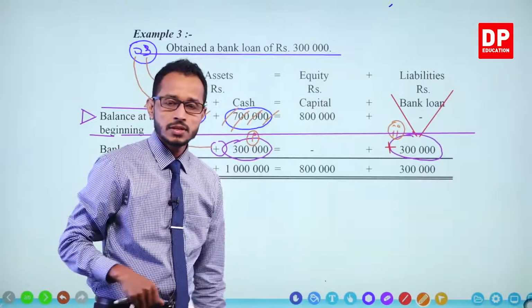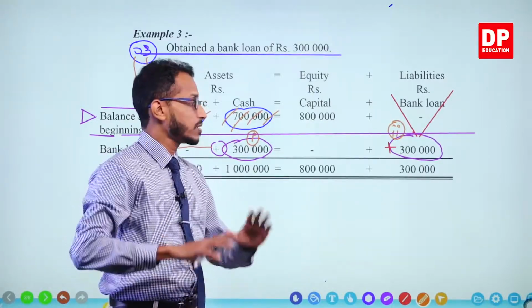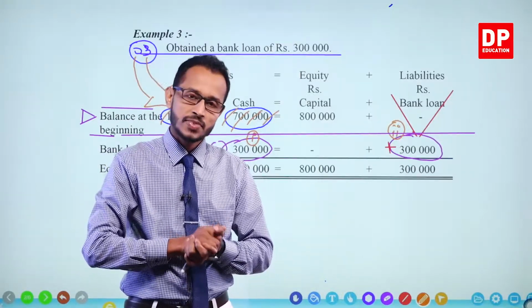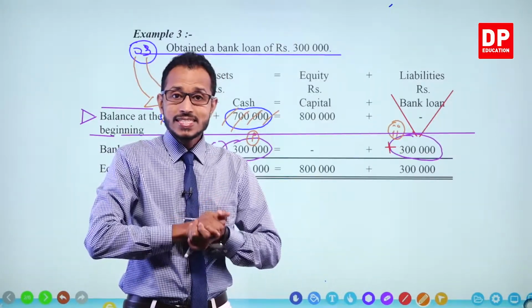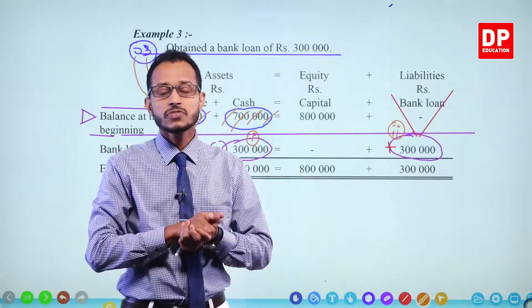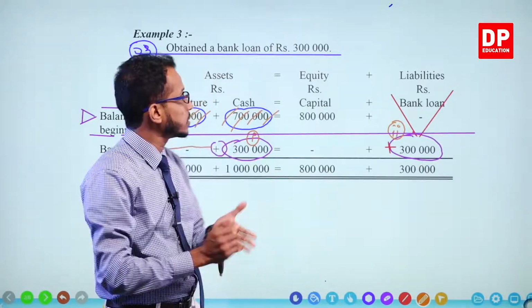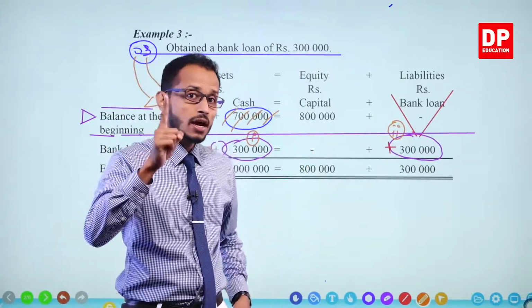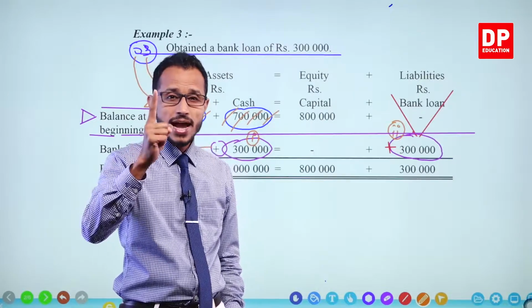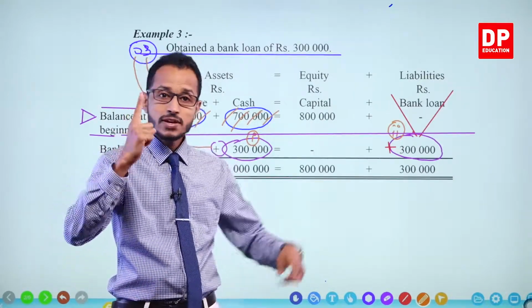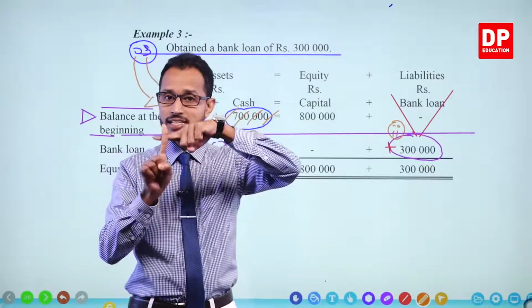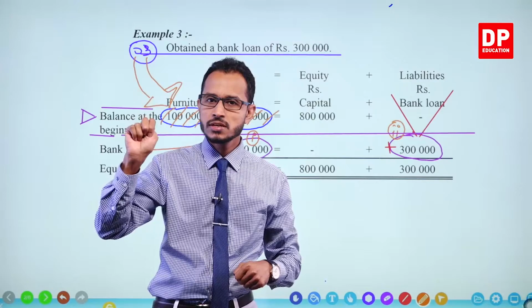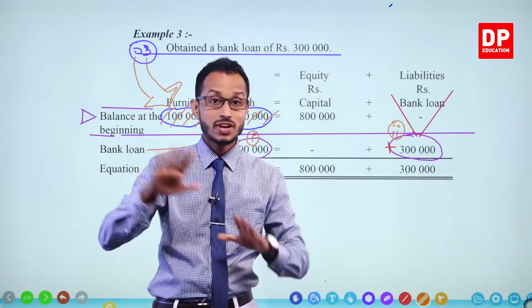All right, children. I hope you understood all that we discussed today. This is recording the effects of transactions under the accounting equation. And by now, you must bear in mind that every transaction has two entries. You must record two entries under the accounting equation for each and every transaction.